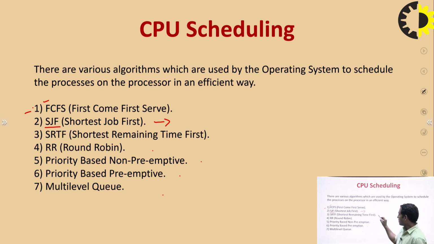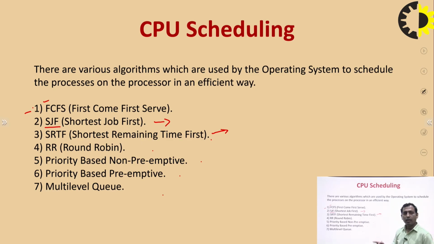Now, another variation of SJF is SRTF. SRTF means shortest remaining time first. In this scenario, we will consider the remaining time of the running process.